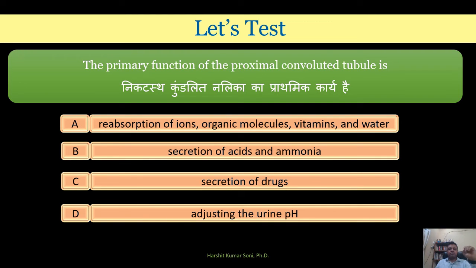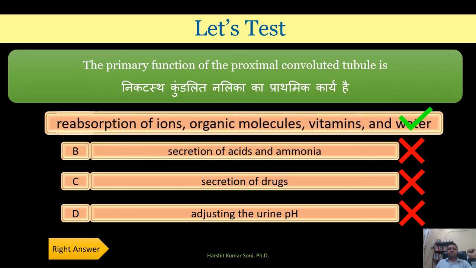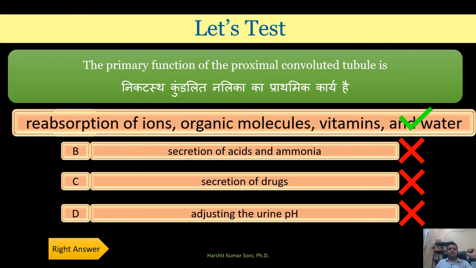I know every one of you knew this answer and you are confident, you have paid your proper attention जो मैंने आपको पढ़ाया. तो correct answer, let's check it. Correct answer is A, reabsorption of ions, organic molecule, vitamin and water.